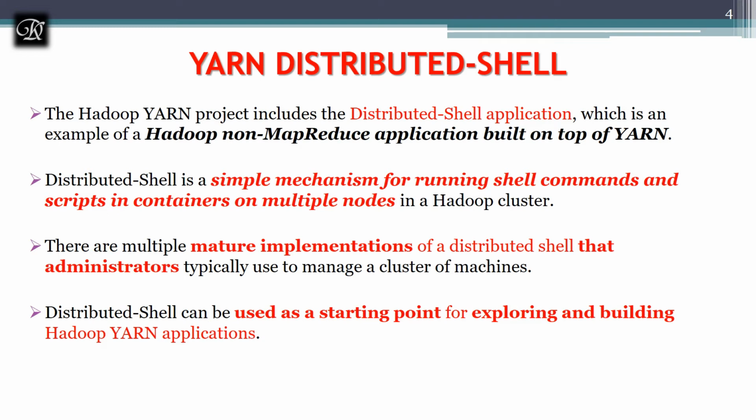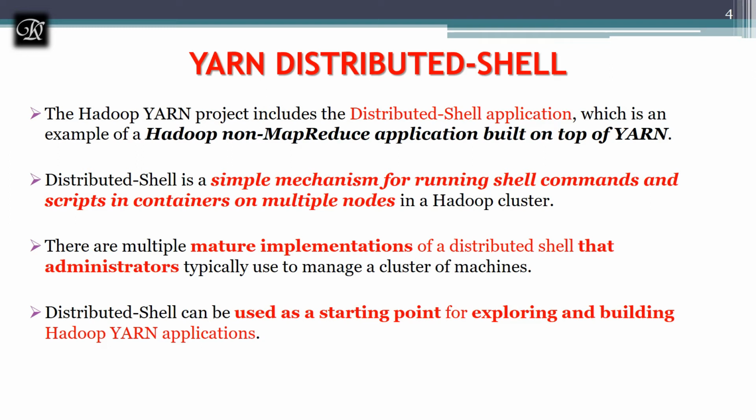The Yarn project includes a distributed shell application, which is an example of a Hadoop non-MapReduce application built on top of Yarn. What does it mean? It provides a mechanism where we can build our own Yarn application through the Yarn distributed shell.